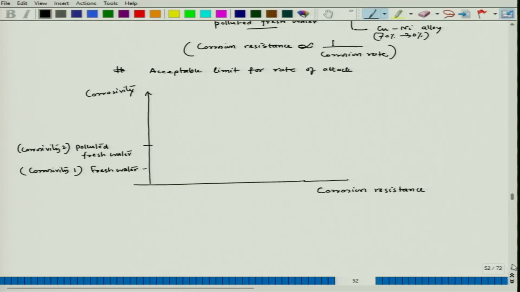Fine. Now, in order to understand this, we also have to see what is the acceptable rate of attack. Whenever I talk about acceptable rate of attack or the failure rate, I can generate a graph like this.